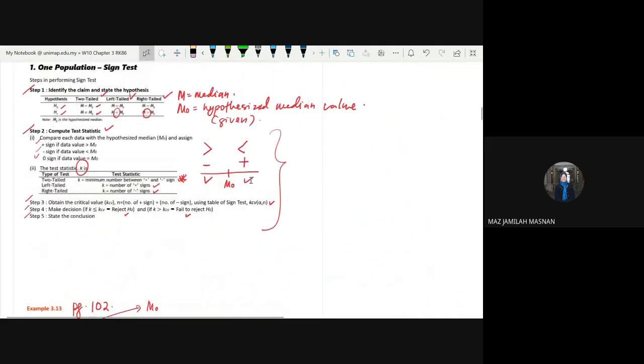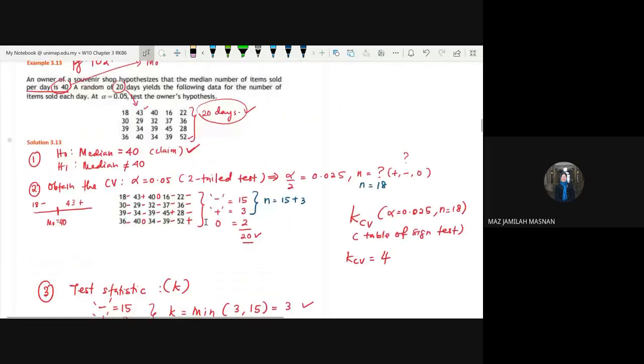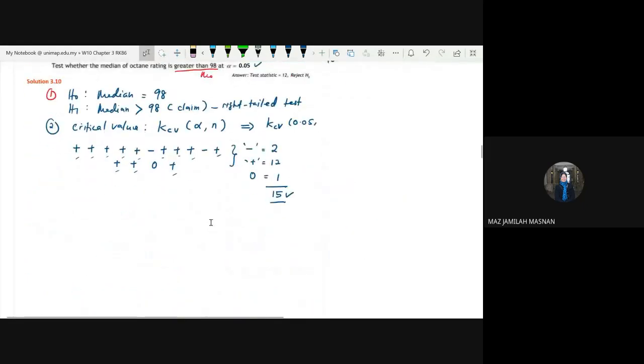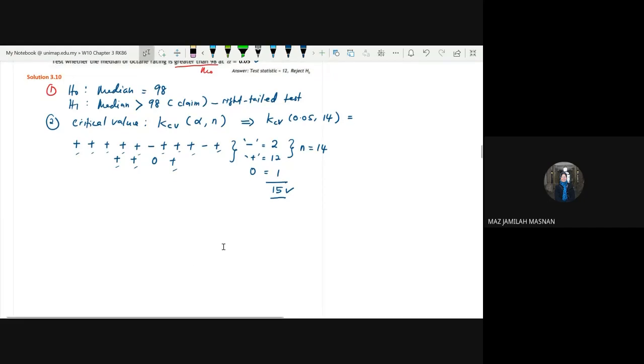If you are having right tail test, your n is the number of plus and the number of negative. So you will have n equal to 14. So 14, 0.05. Look at your sign test table, everyone.